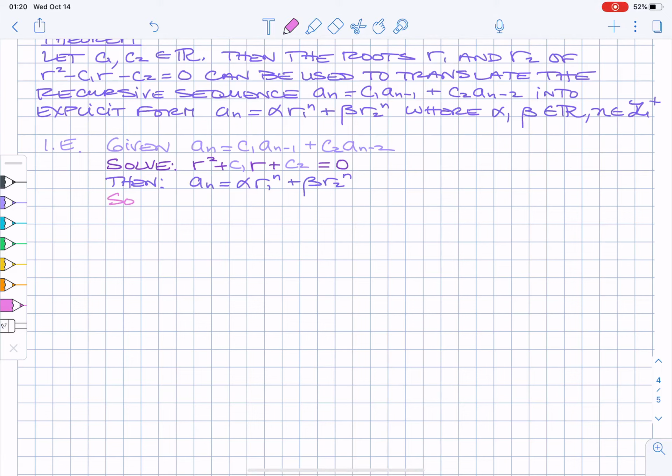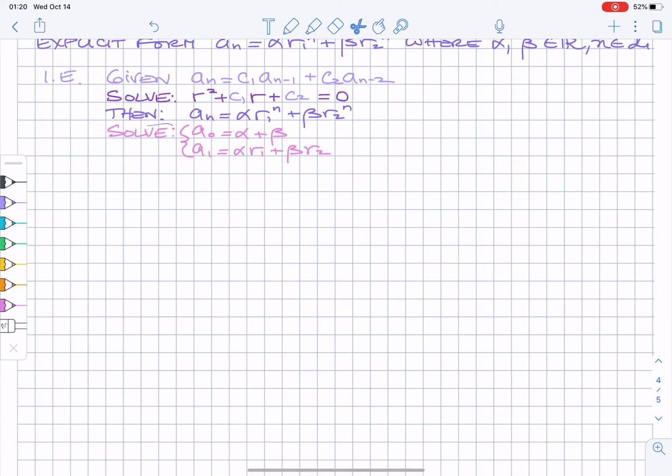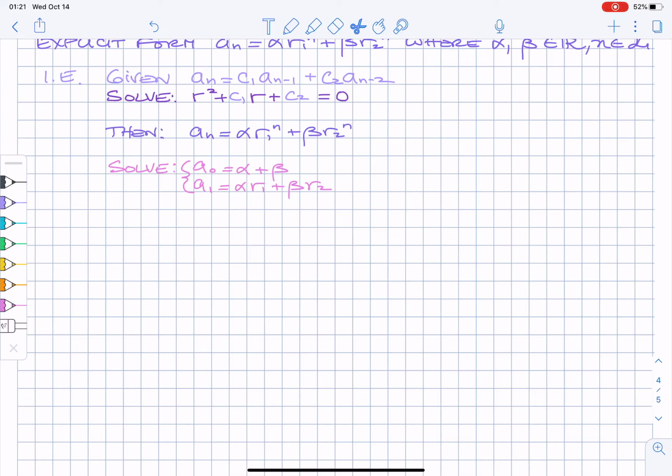Solve A naught equals alpha plus beta, A1 equals alpha R1 plus beta R2 as a system. So these are the steps we're going to take. Maybe I should have put, nope, I still didn't do it right.